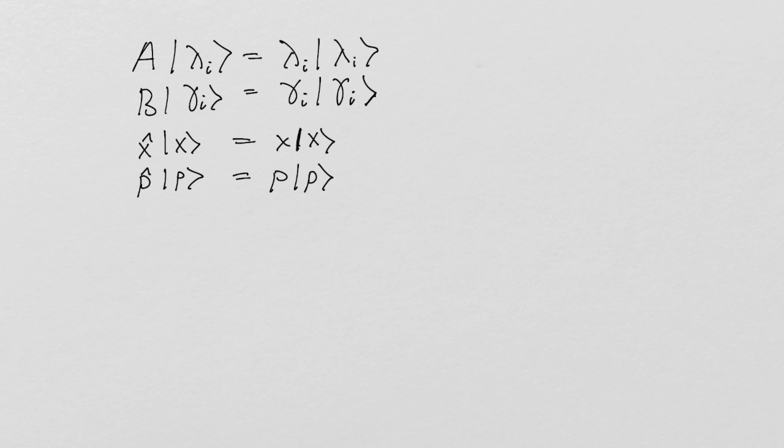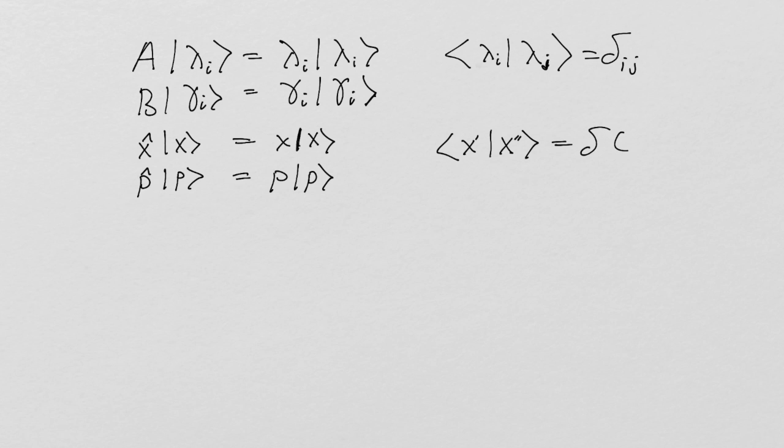To start with, the key reminder is that the inner product of discrete eigenvectors is always this delta function. And the inner product of these continuous eigenvectors, or eigenkets, is the Dirac delta function, right?